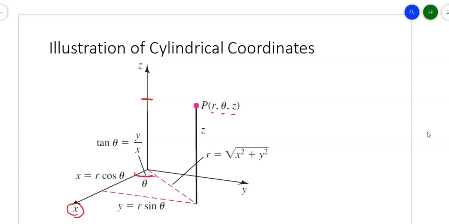Here's the angle that it makes with the positive x-axis. So that means that we can break those x's and y's into r cosine theta and r sine theta, just like we did in polar coordinates. What does that make the radius? That makes the radius square root of x squared plus y squared, or we could square both sides, and we'll get r squared equals x squared plus y squared, no different than before, equation of a circle.